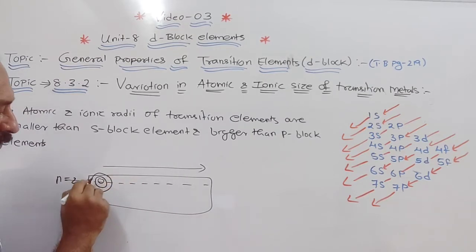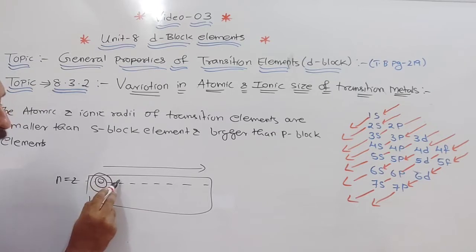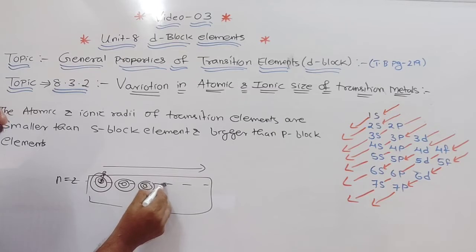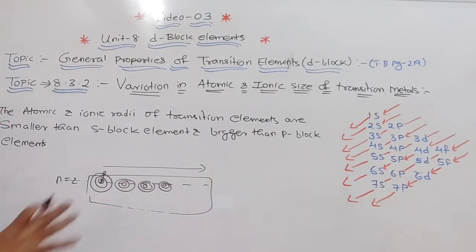As the atomic number increases, the nuclear charge, that is protons, increases, and between protons and electrons there is an attraction. So when you go from left to right, there will be a decrease in atomic radii, because more attraction will be there and the atomic radius will keep on shrinking.